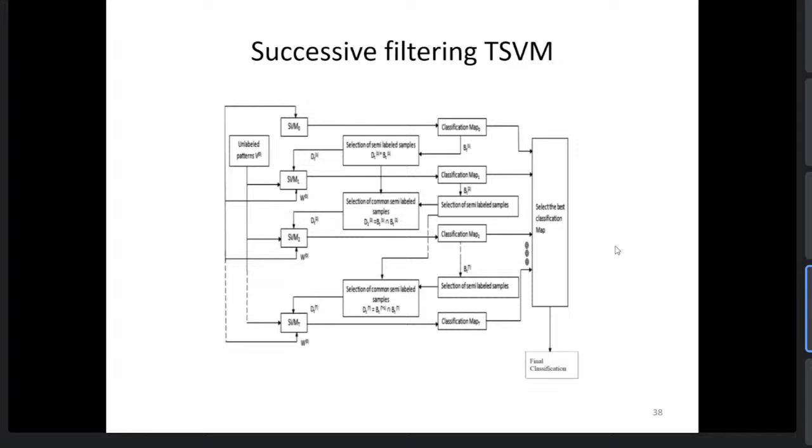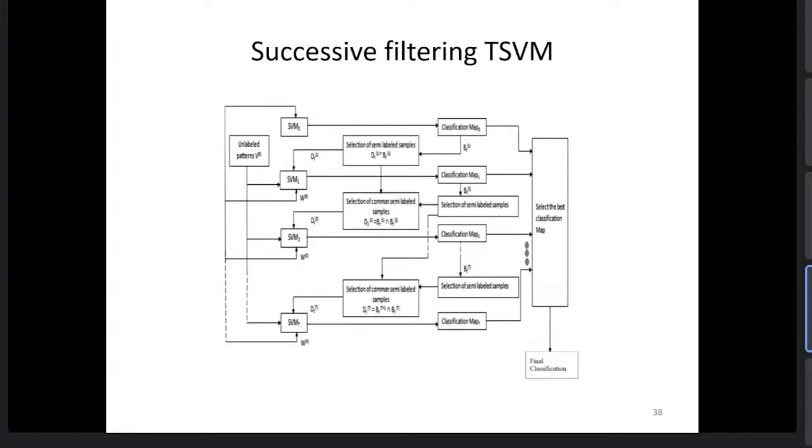I'm not going to discuss the details of the system. What I can say is that there are SBM 0, SBM 1, up to SBM n. In this case, we have used the labeled data as well as the unlabeled data. We first classified the unlabeled data, which is called pseudo-labeled data, and from this we selected some important pseudo-labeled samples, which we added to the original training data.